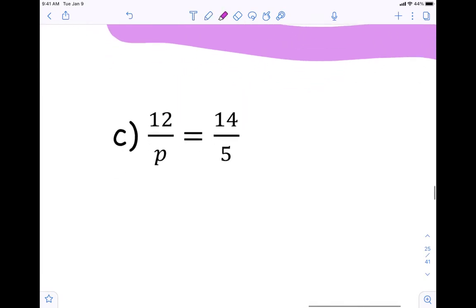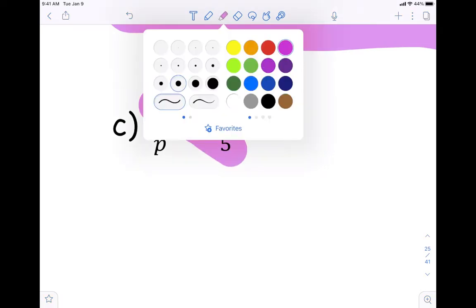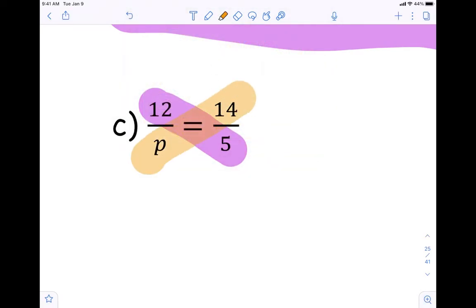Okay, remember we're going to multiply these together, and then we're going to multiply these two together. Start with the light purple, pink purple. We're going to multiply 12 times 5. So 12 times 5 is 60. That goes to the left side of your equation. And P times 14 gives me 14P, which goes to the right side of your equation.